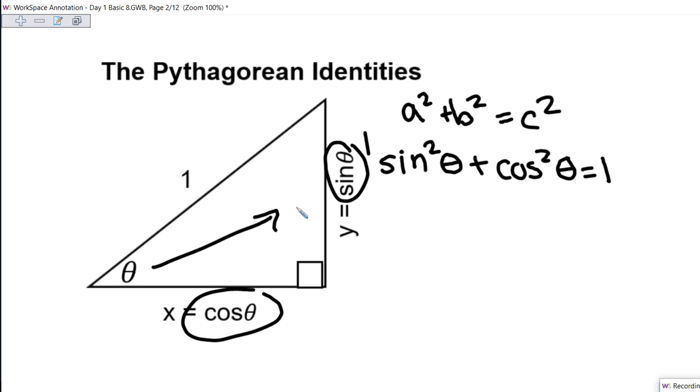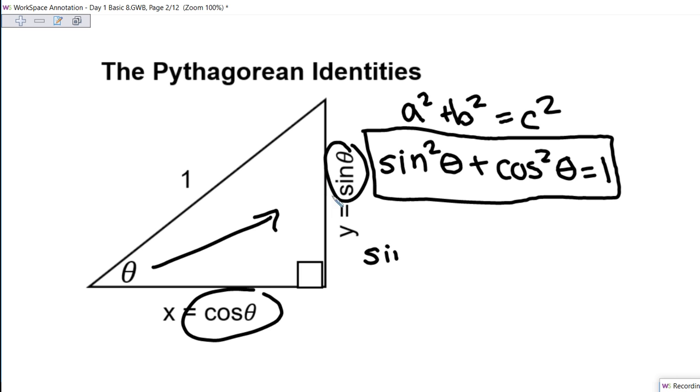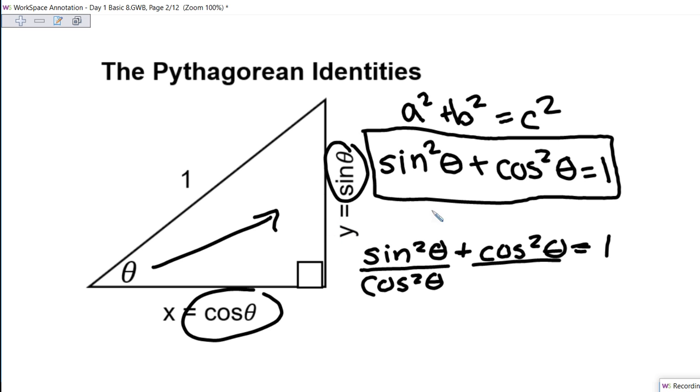So what if I started with that same equation? Sine squared of theta plus cosine squared of theta is equal to 1. Now what if I divide everything by cosine squared? We know that tangent is sine over cosine.